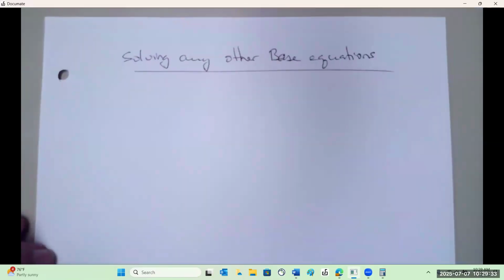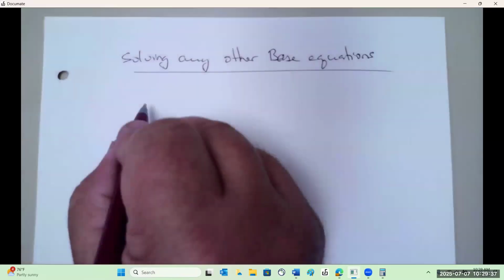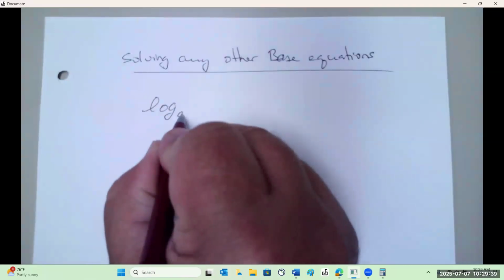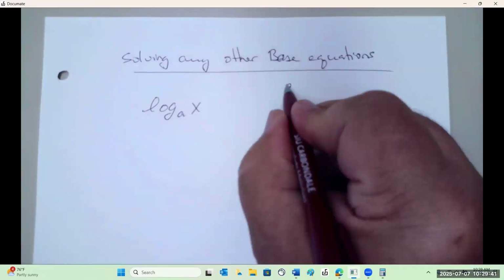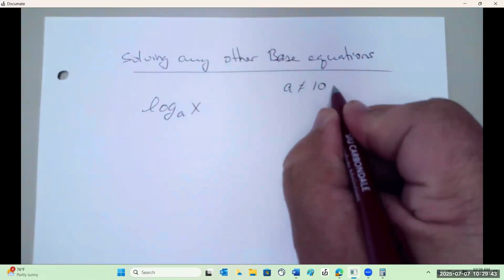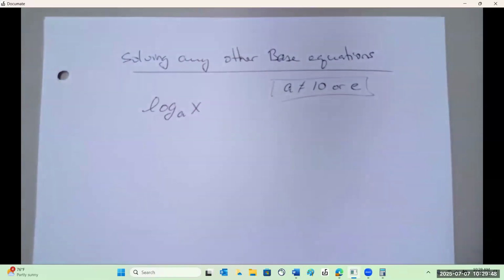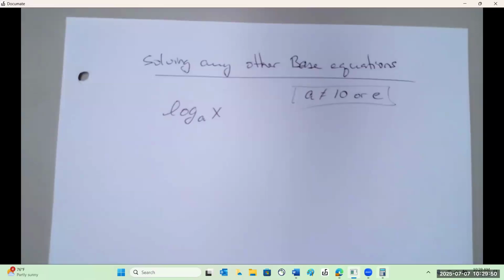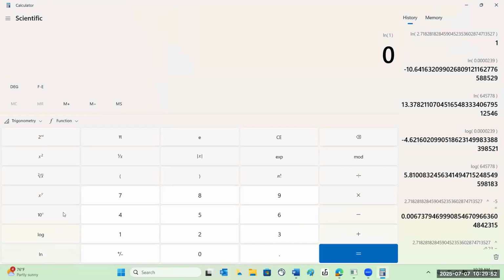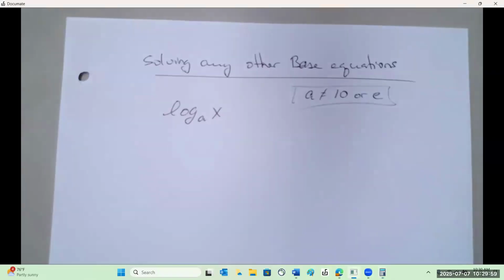Solving any other base equations, where a does not equal 10 or e. If you notice, in a calculator, there is no log base a of anything. So we can't use the calculator just yet.